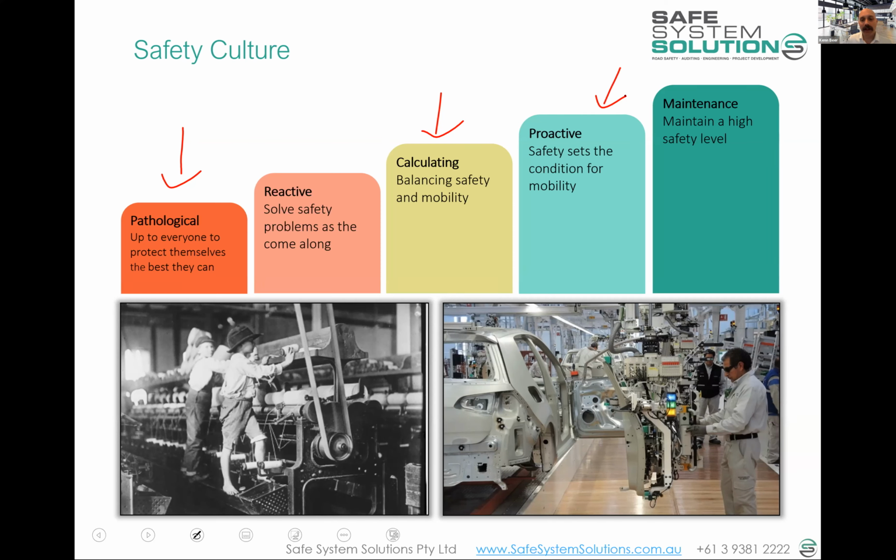Another really interesting proactive, probably one of the earliest proactive things in road safety, was school speed zones. And school speed zones are an interesting one to show.